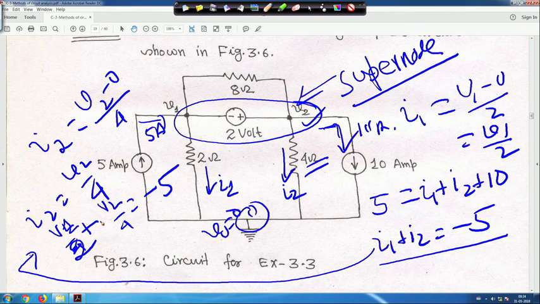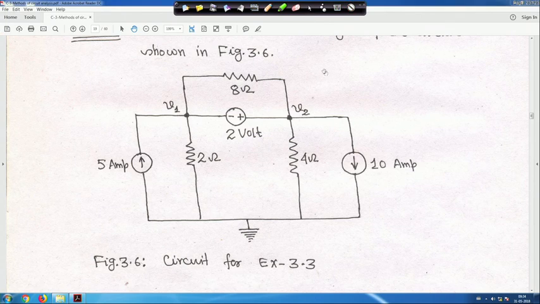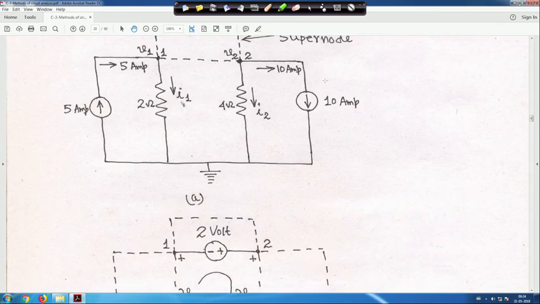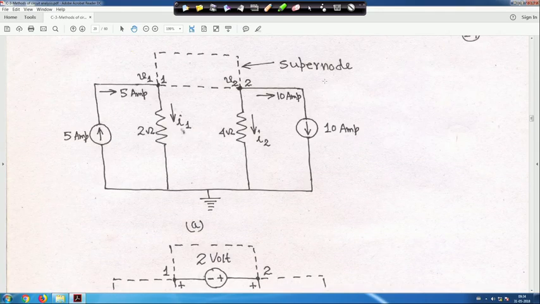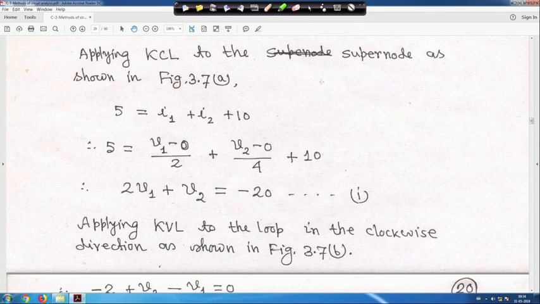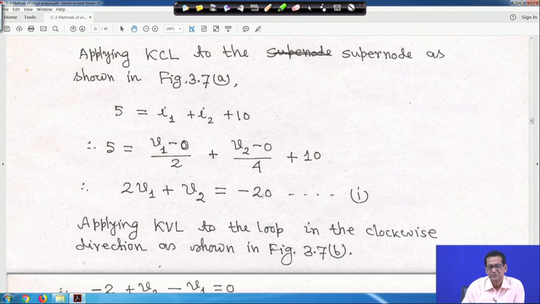So, let me clean it. All these things I wrote for you. If you look into this, KCL 1, ultimately it is coming 2 V1 plus V2 is equal to minus 20.